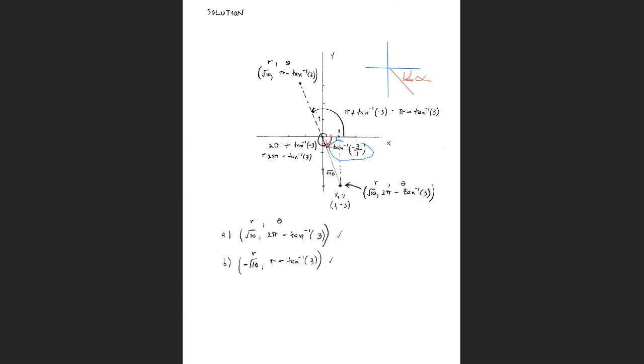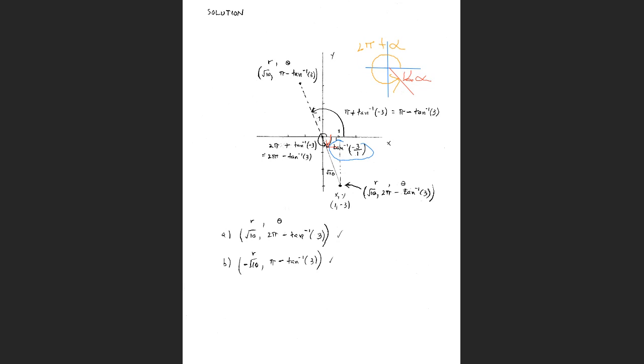That angle alpha is a negative angle. We want a positive angle. This would be the positive angle. So wouldn't that angle be equal to 2 pi plus alpha?